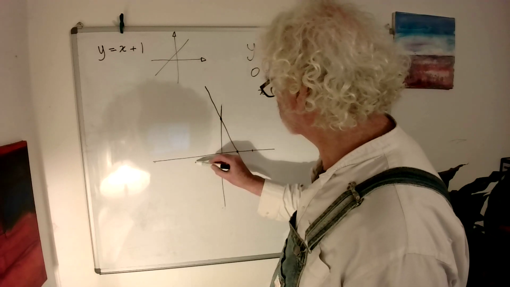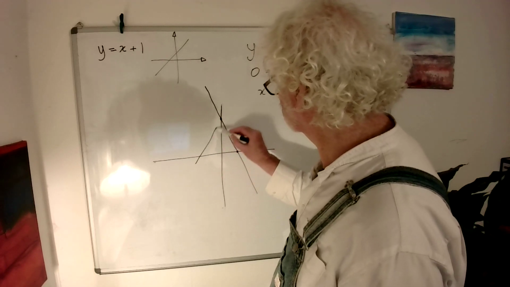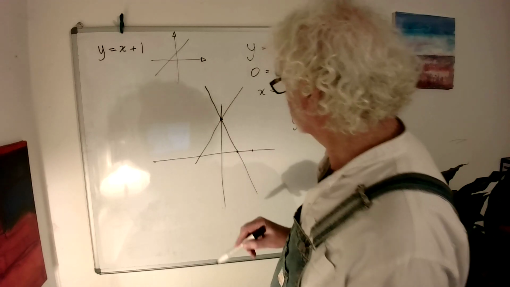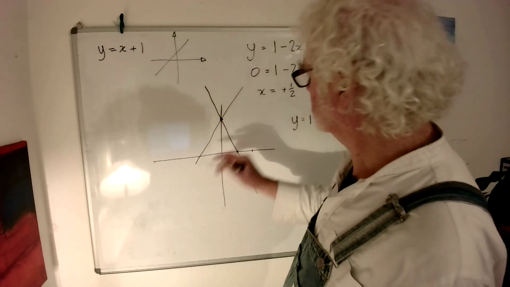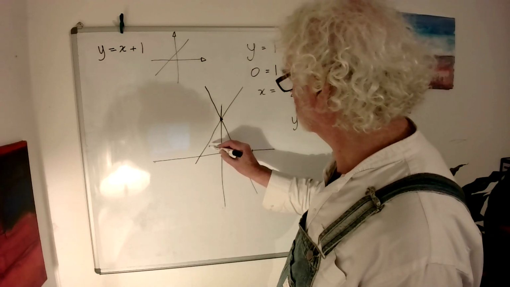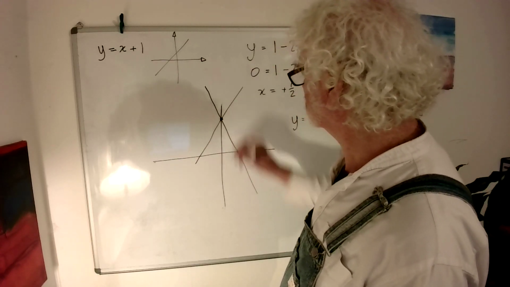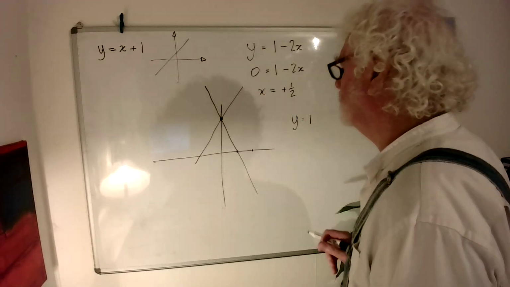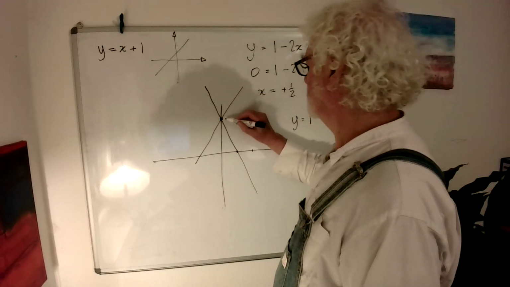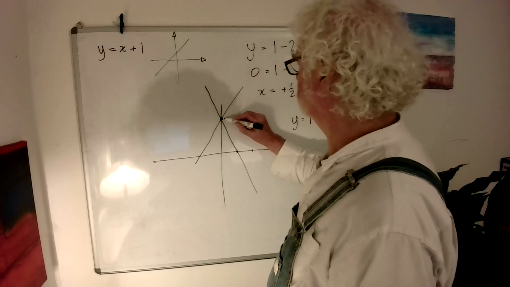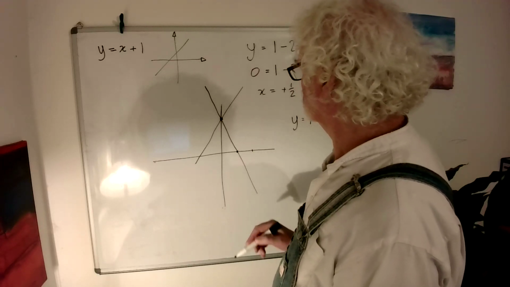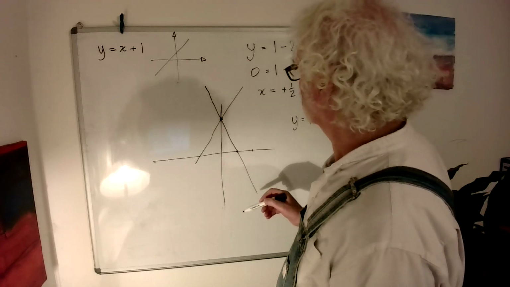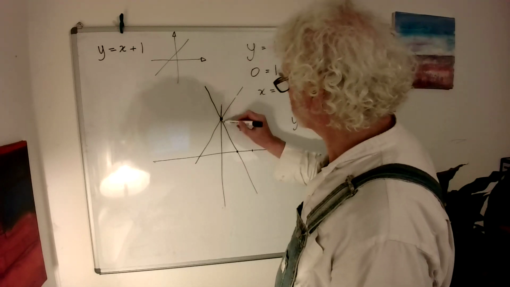Say here, look, we know that this line, that's this one, crosses the x-axis, this is pure chance, I didn't design it that way, at this point, and this other equation crosses it at the same point.